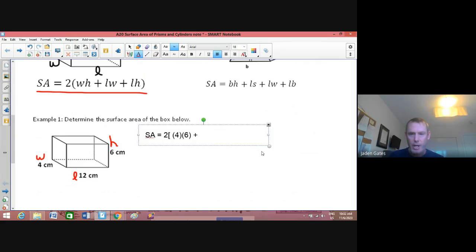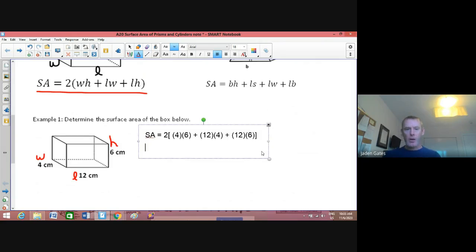Then plus length times the width, so 12 times 4, plus the next one, which is length times height, so 12 times 6. And square bracket.